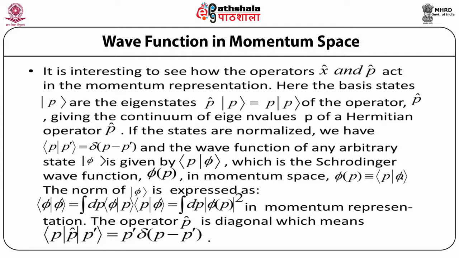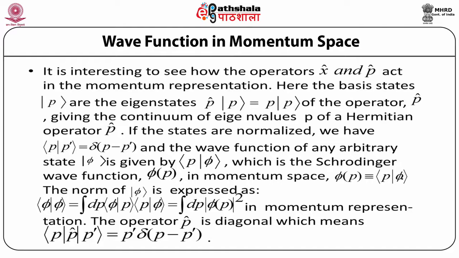And the norm of this state phi can be expressed as bra phi, ket phi is equal to integration over dp of bra phi, ket p, bra p, ket phi, which is equal to integration over dp of the square of the modulus of the wave function phi(p) in momentum representation.